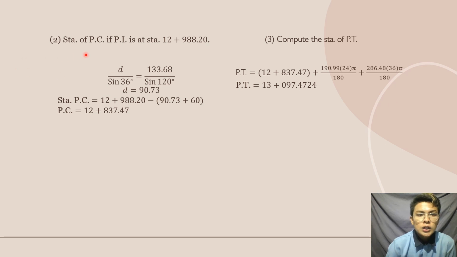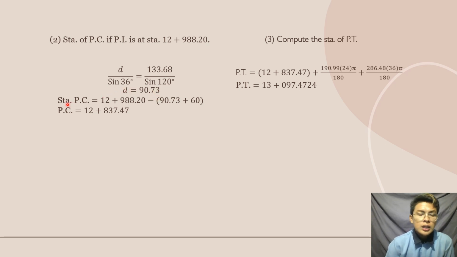Next is the station of PC if the point of intersection is at station 12 plus 988.20. Before we get the station of the point of curvature, we must get first our D. Using the formula D divided by sine 36 is equal to 133.68 divided by sine 120, we will get D is equal to 90.73.